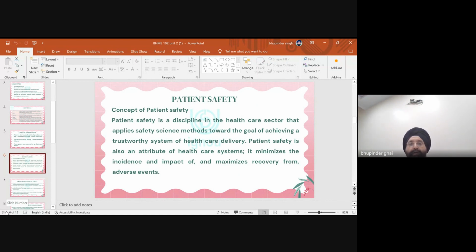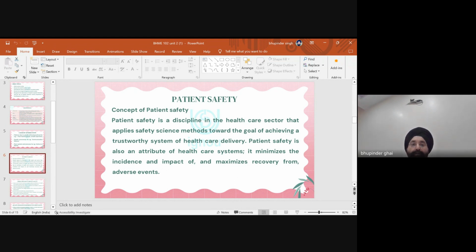That means patient safety was previously not there in medical science, but it came from the safety science method and was incorporated into the healthcare system, by which you deliver trustworthy medical care to the patient for early recovery.